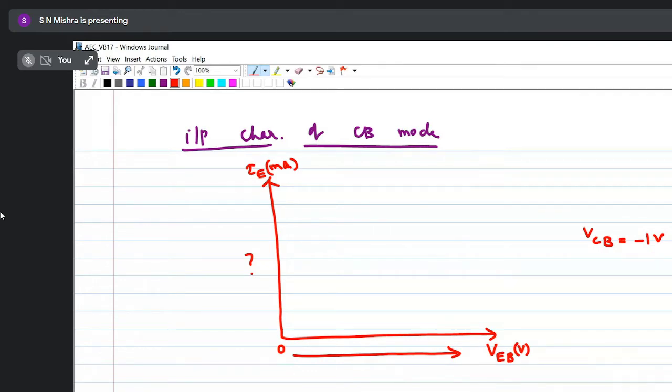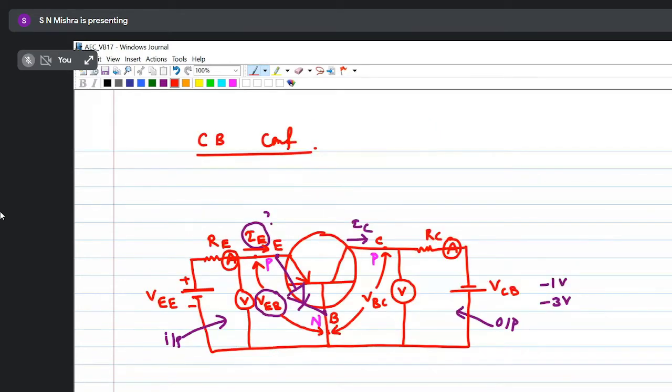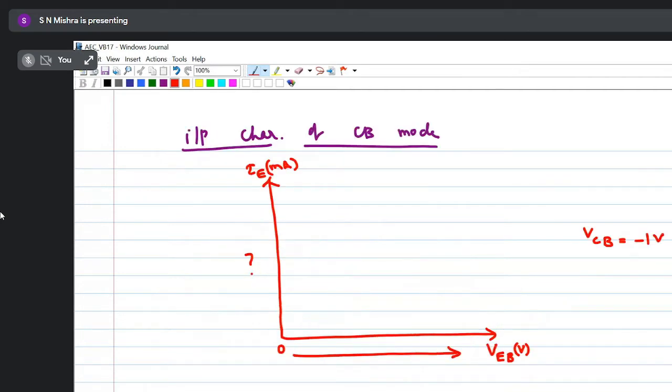Now, due to this forward biased PN junction between emitter and base, the characteristic will look like a diode characteristic. Okay, so the characteristic will be like this. Up to this, current is very small. After that, current will increase exponentially. I can write this is your VCB minus 1 volt.